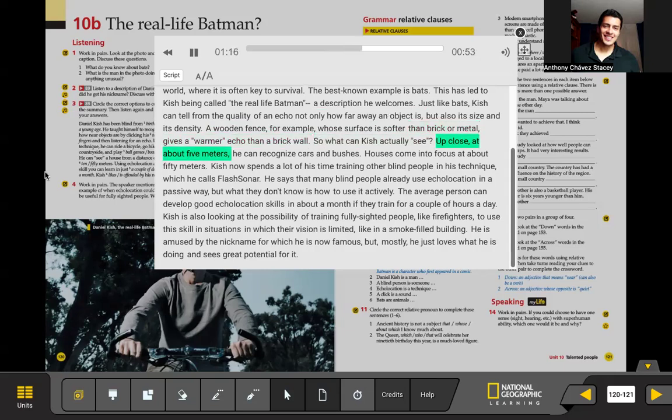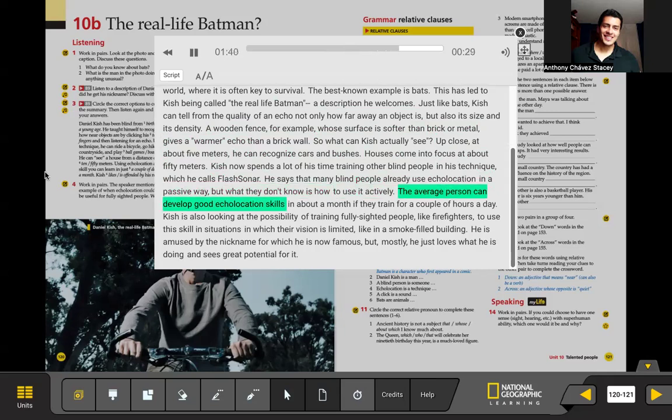Up close, at about 5 meters, he can recognize cars and bushes. Houses come into focus at about 50 meters. Kish now spends a lot of his time training other blind people in his technique, which he calls flash sonar. He says that many blind people already use echolocation in a passive way, but what they don't know is how to use it actively.